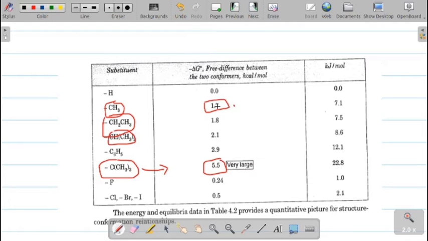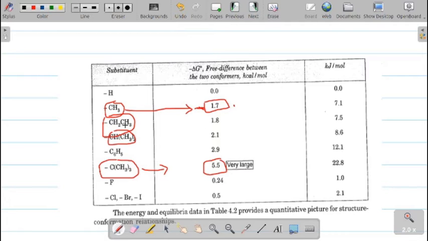In this case the substituent is the CH3 group, or methyl group as it is known. The change in free energy between the axial conformer and the equatorial conformer is minus 1.7 kilojoule per mole.